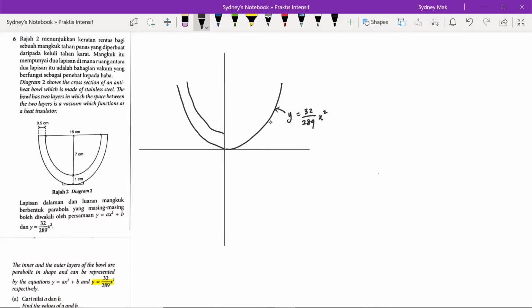whereas the inner parabolic graph is 1 cm above the outer curve. So that means from 0, move 1 unit, 1 cm outwards. So the y-intercept is 1. And then at the same level, we have the inner diameter of the bowl is 16 cm.